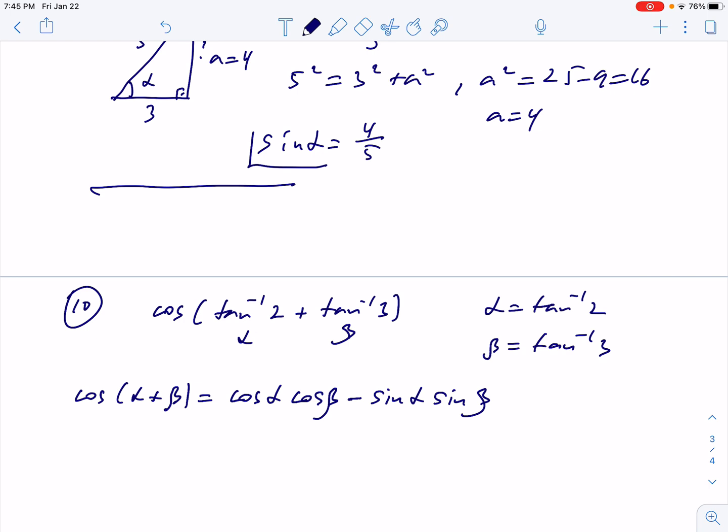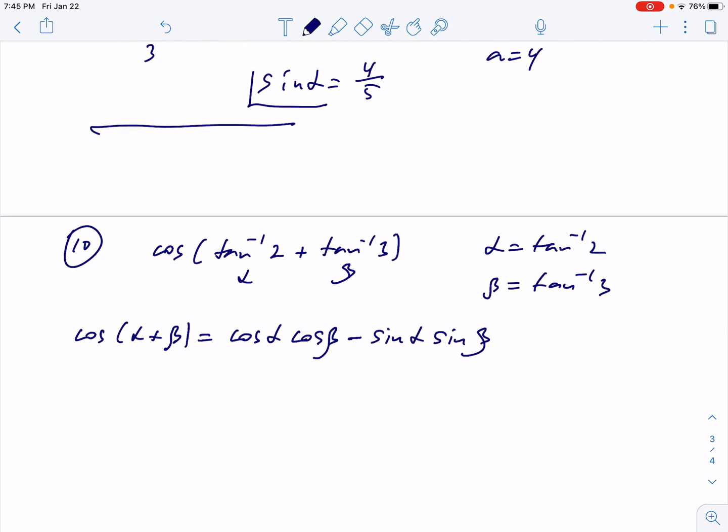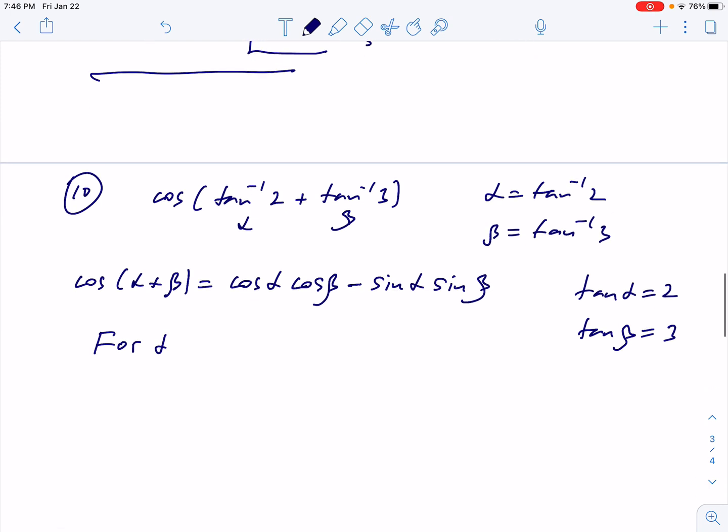We shall use again a triangle. We know from the values of alpha and beta that tangent alpha is 2, tangent beta is 3. We shall model this on a triangle for each one separately. Let's first go with alpha. So for alpha we use one right triangle like before. Here I'm drawing a right triangle, and let's say alpha is this angle down left.